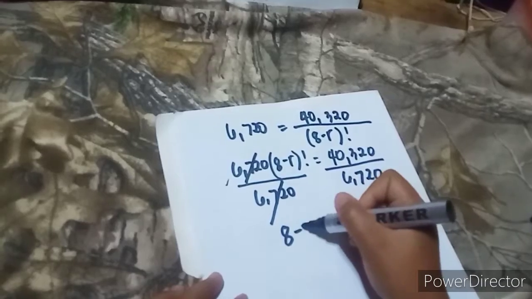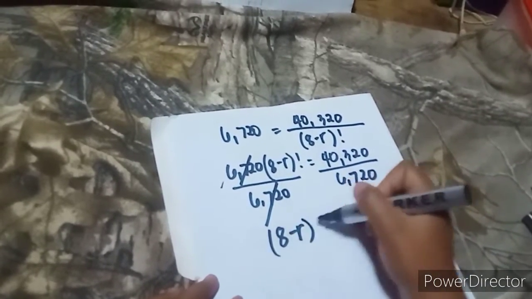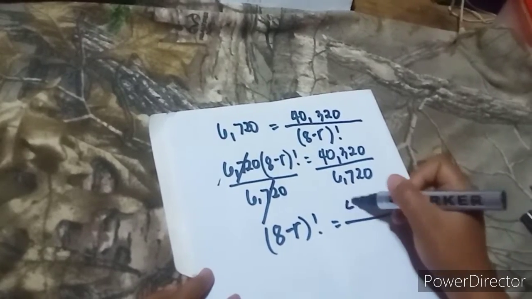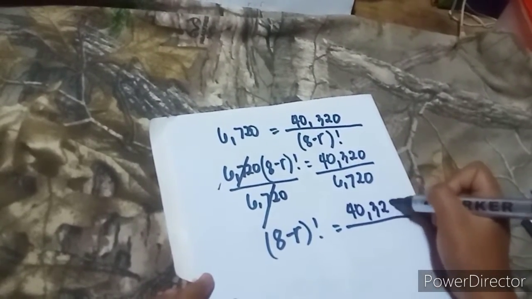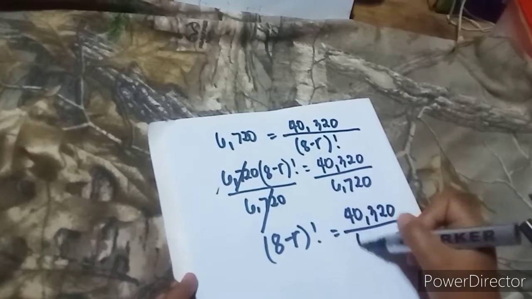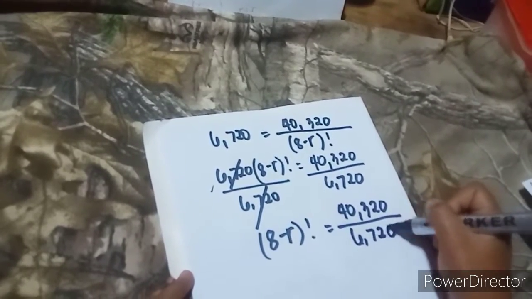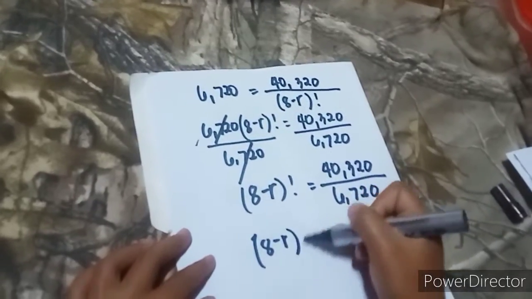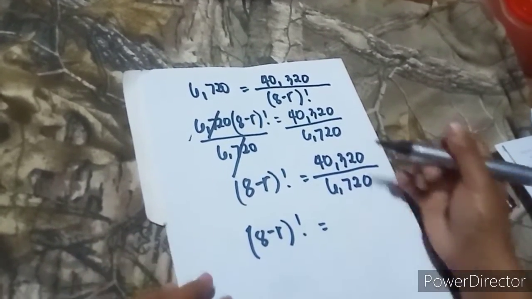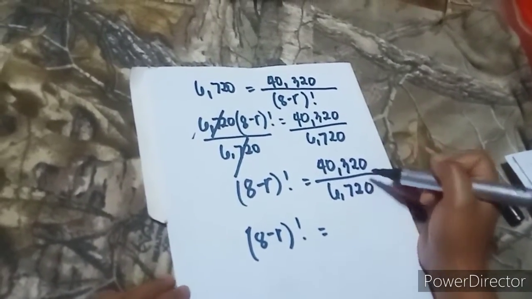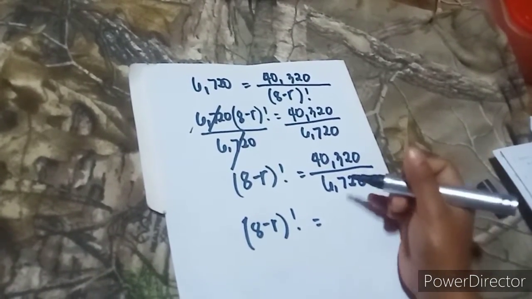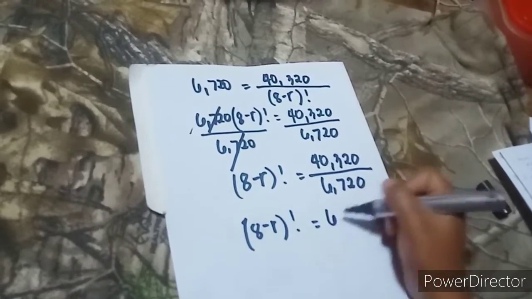We have 8 minus r factorial is equal to 40,320 over 6,720. So 8 minus r factorial is equal to 40,320 divided by 6,720, which is equal to 6.